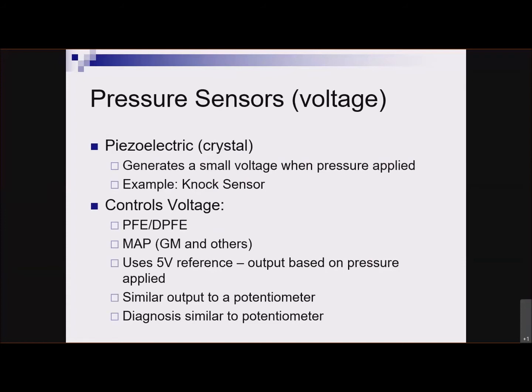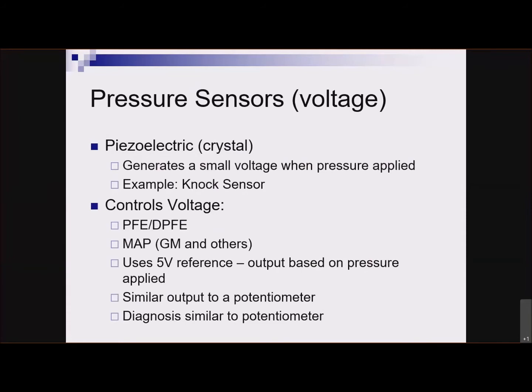There are fuel rail pressure sensors. There are pressure sensors used in seats for supplemental inflatable restraint, in other words, airbag systems, to know whether or not there's somebody sitting on the passenger seat and whether it's a child or an adult.